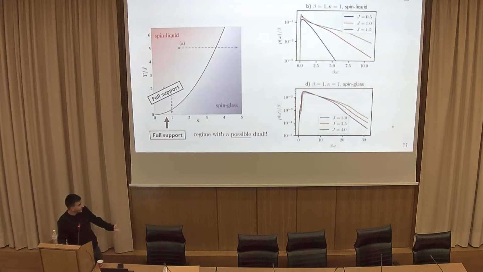So probably this is a regime that we should look at a bit more carefully if we want to make any connection between spin glass phases and gravitational theories of higher complexity.